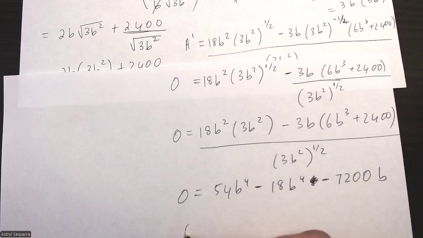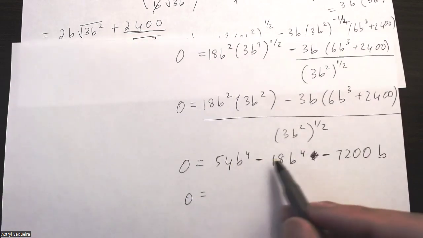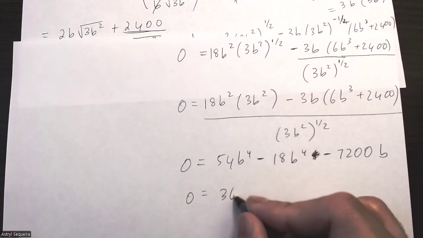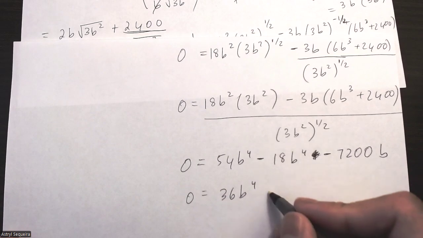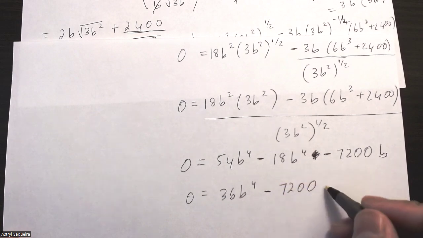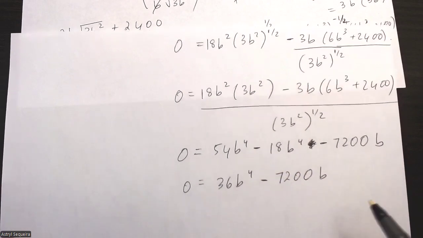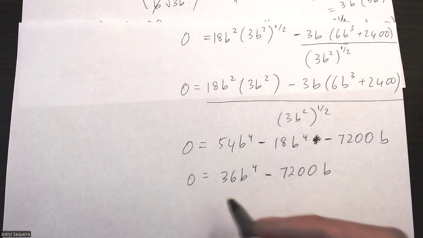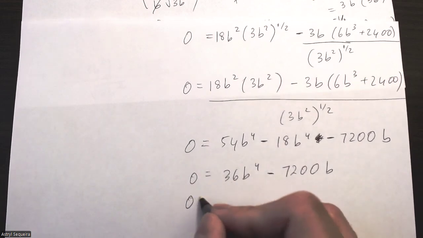Combine like terms over there. So 54 minus 18 is 36b to the power of 4 minus 7200b. I can common factor over here. Common factor out 36b.